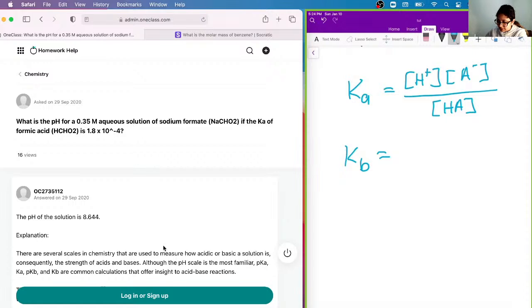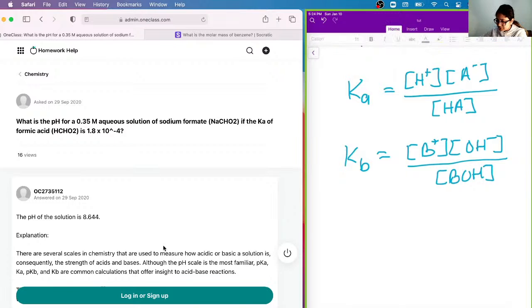The formula for Kb, as you can probably guess, is BH plus, this is the conjugate acid of the base, times your OH minus ions, all over your base.